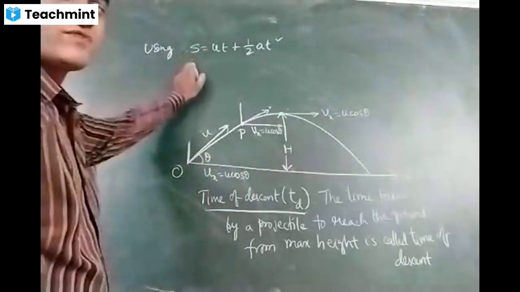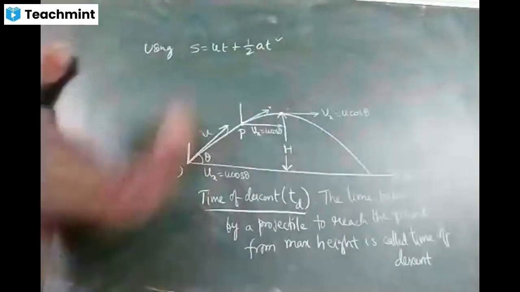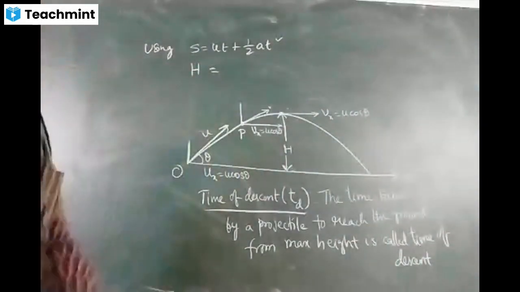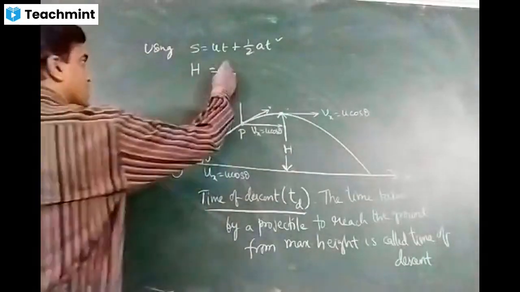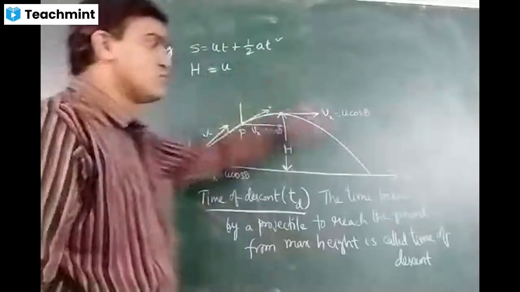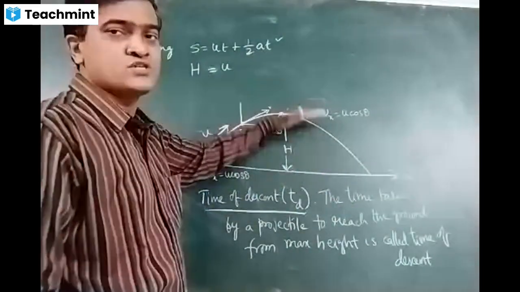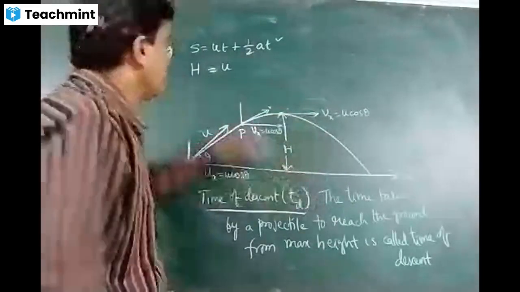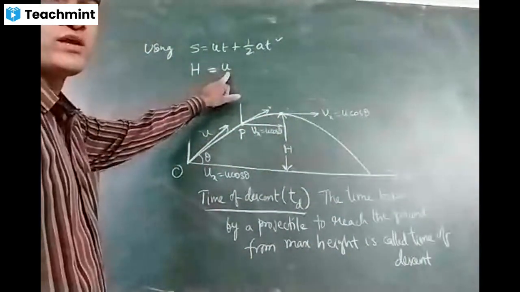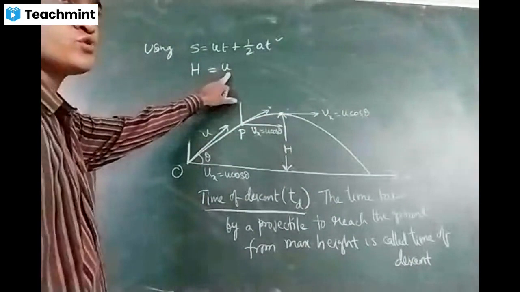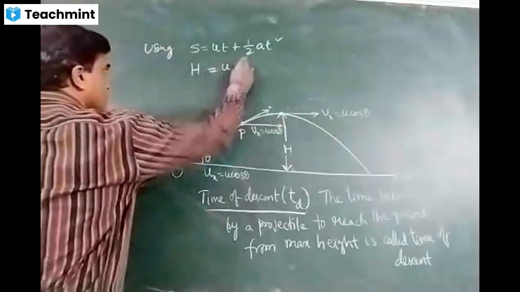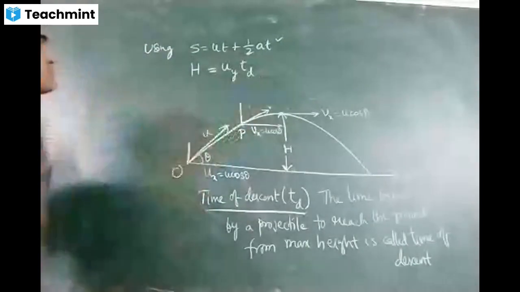In place of S, let me write maximum height, when it is coming down. I'm considering the vertical axis, so u should be equal to uy. uy into t, meaning td.